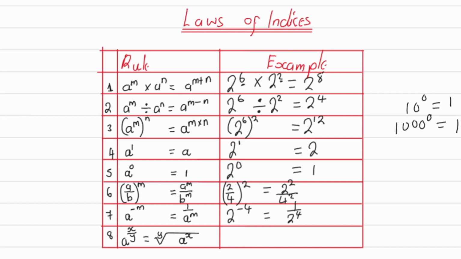If a is raised to the power of x over y, the answer is going to be the y-th root of a to the power of x. So what this means is if we have 2 raised to the power of 2 over 3, it is equal to the cube root, sorry, let me fix that one.